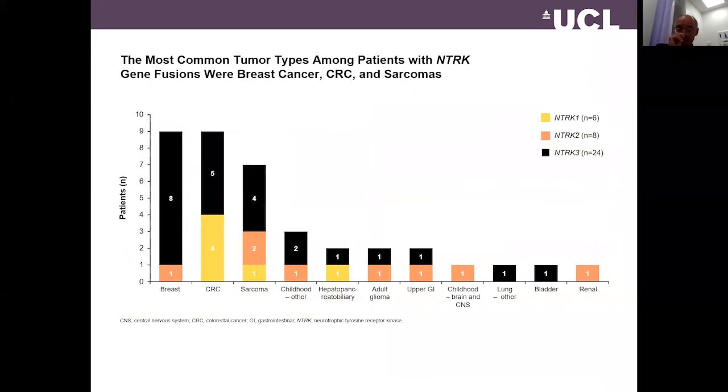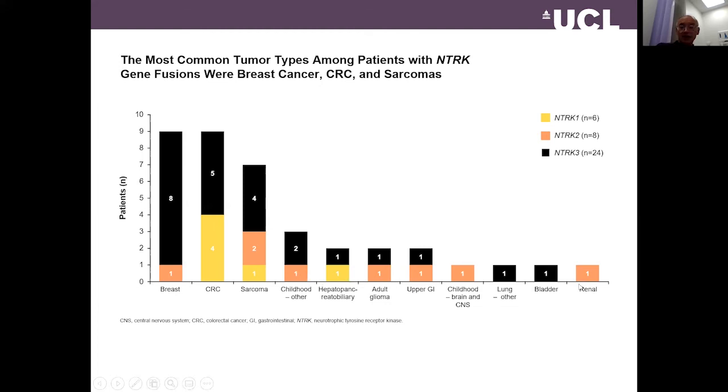So here, this is the same information shown in a slightly different way. Most of these TRK fusions were found in breast cancers and colorectal cancers, but that's purely because of the numbers of breast and colorectal cancers in the whole 100,000 genome analysis.